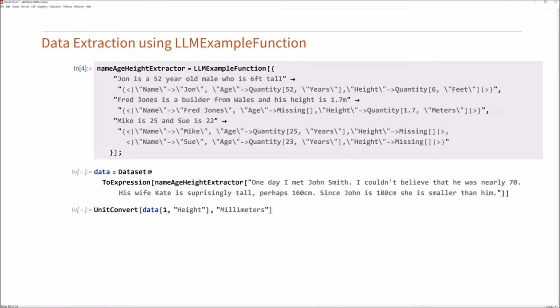For example, you provide an input sentence, John is a 52-year-old male who is 6 feet tall, which should result in a Mathematica dataset representation having all those facts, with Mathematica constructs for representing the age and the height as Mathematica quantities.